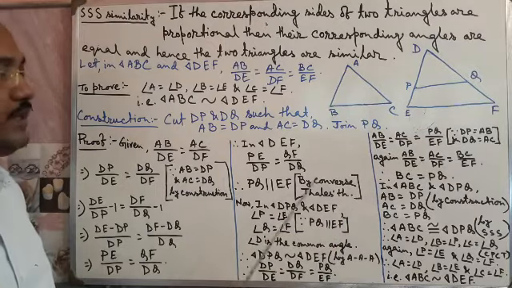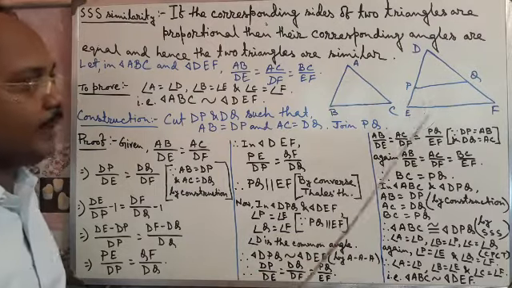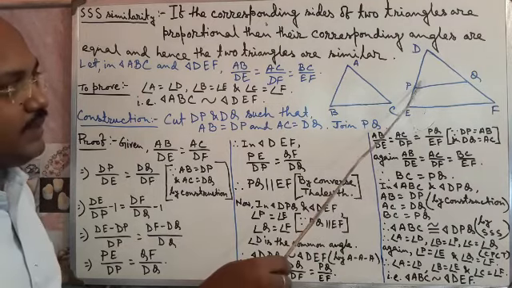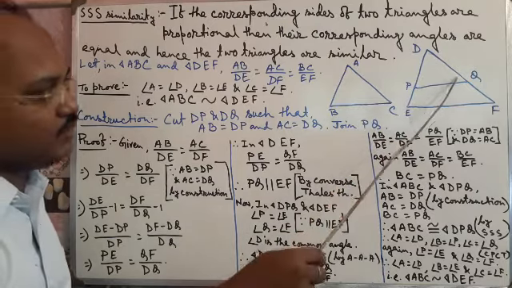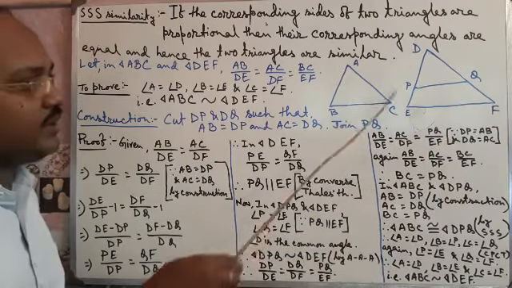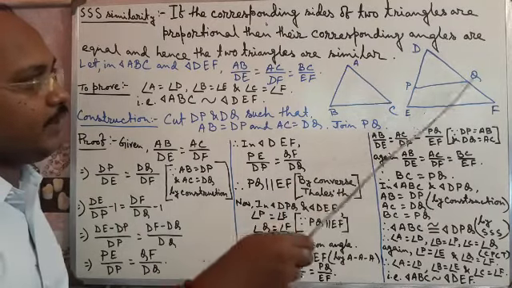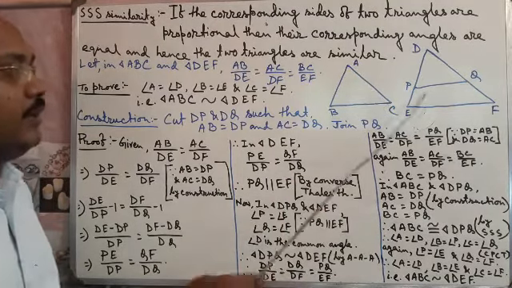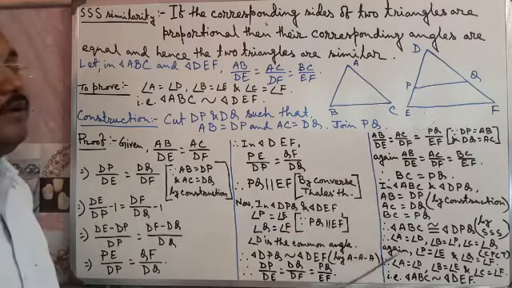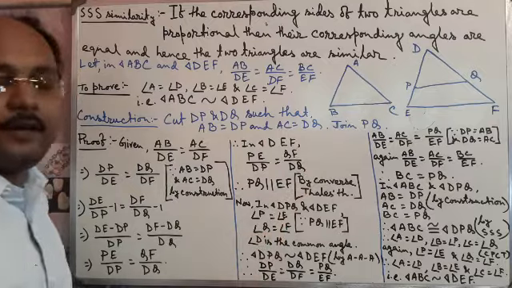So by the converse of Thales theorem we can say that PQ is parallel to EF. As PQ is parallel to EF, therefore angle P is equal to angle E and angle Q is equal to angle F. And you see in these two triangles DPQ and DEF, angle P is equal to angle E and angle Q is equal to angle F, and angle D is the common angle.